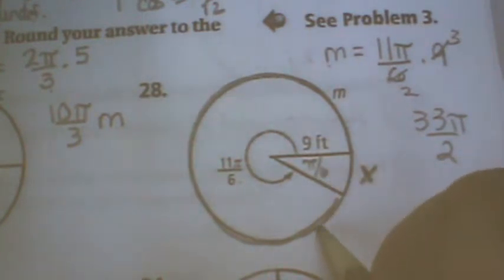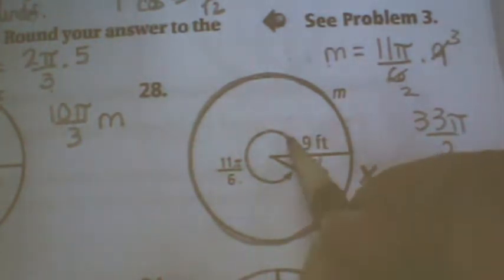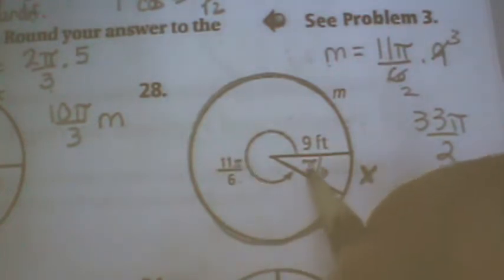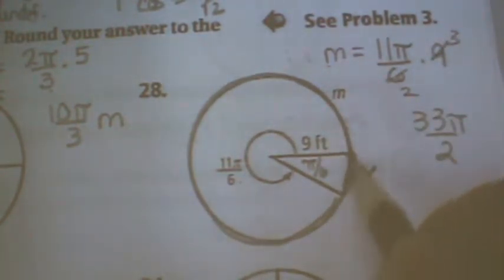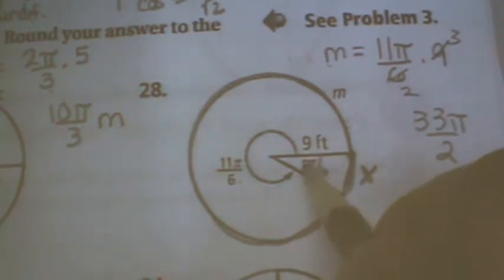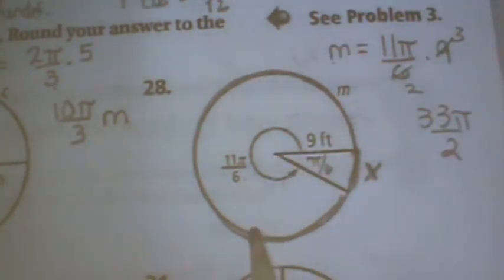Pi over 6, because 11 pi plus 1 pi is 12 pi. So this angle would be pi over 6, and then you would multiply that by 9. That would be how big this is if they didn't give you that angle. You can figure out what that angle is by subtracting from 2 pi, but you have to get a common denominator.